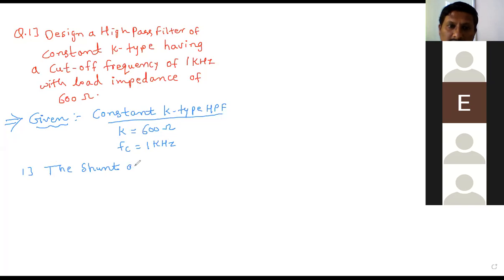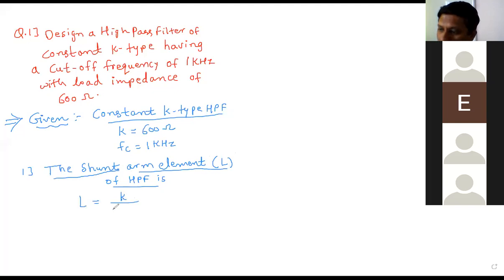First of all, the shunt arm element, that is the L of the high pass filter. So L is equal to K upon 4 pi FC. This is my formula to calculate the L value.